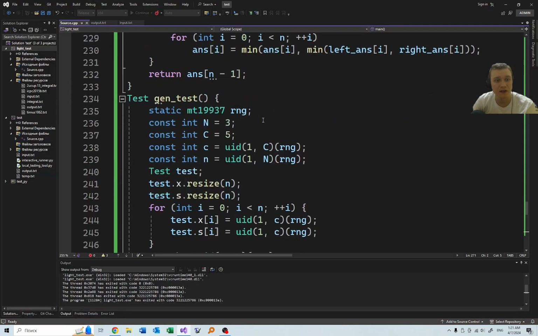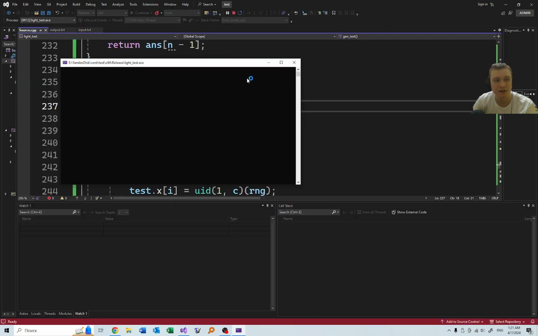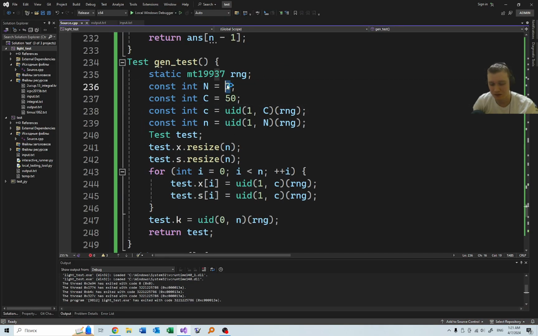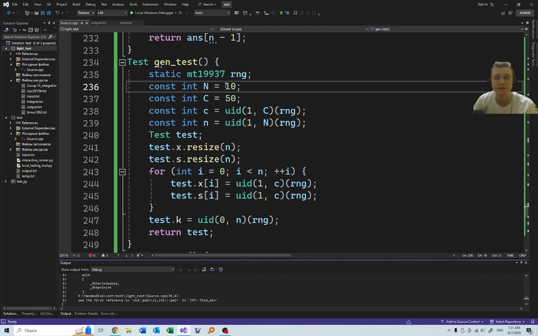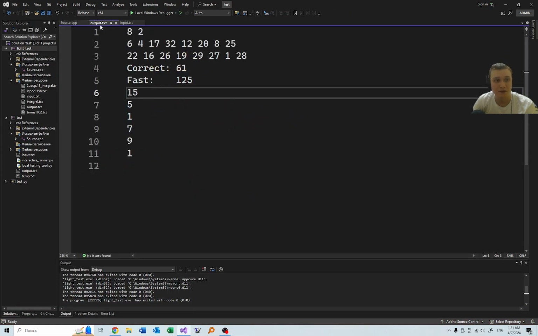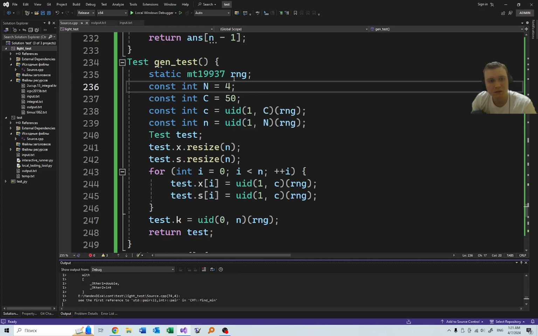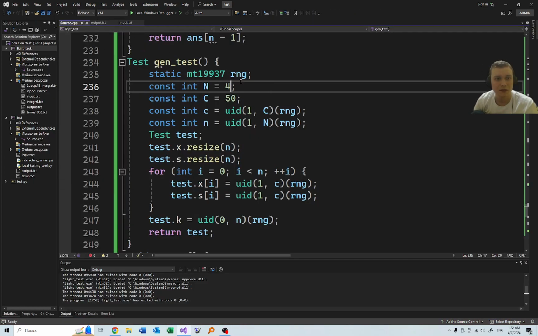Okay, now it does not find the test so easily. Maybe if we put 15 here, 50 here. But no. What about 10? Okay, it found something. What about 4? Even for 4.